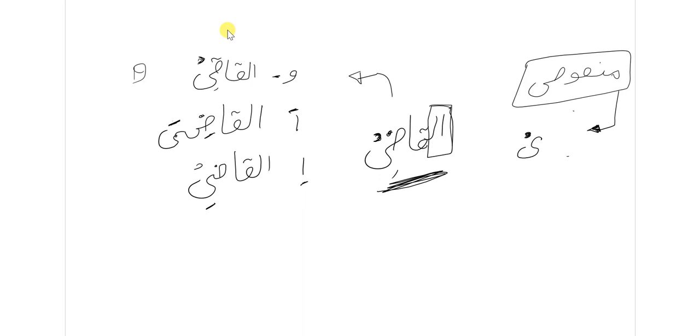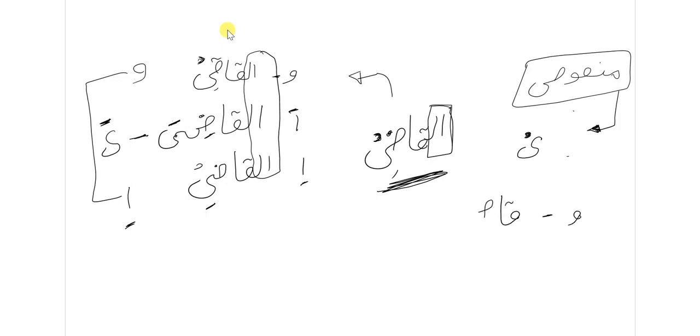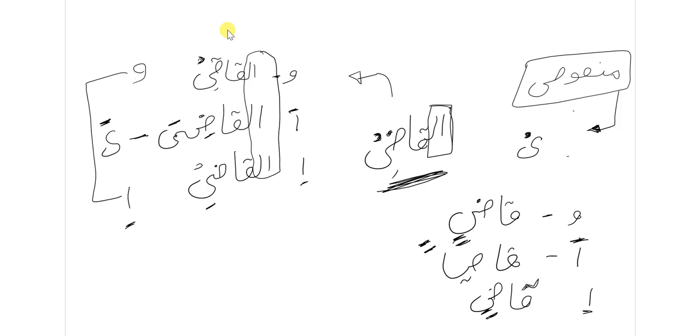So in halat rafi and halat jarri with ya sukun, and in halat nasbi with fatha on it, when these words are preceded by alif lam. But if we remove the alif lam, then in halat raf'i the ya will be removed and it will become qazin. In halat nasbi the ya is added again, qaziyan. And in halat jarri the ya is removed again, qazin. This is the i'rab of isme manqus.